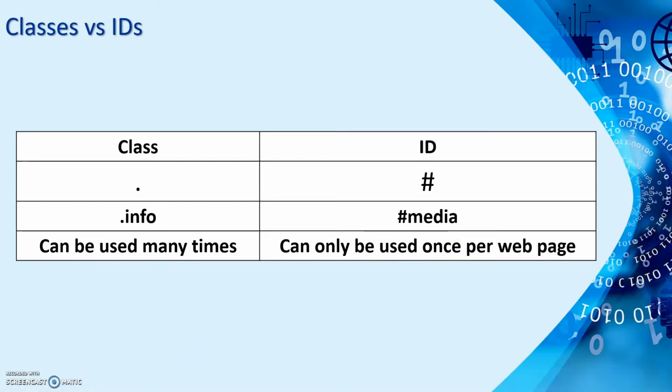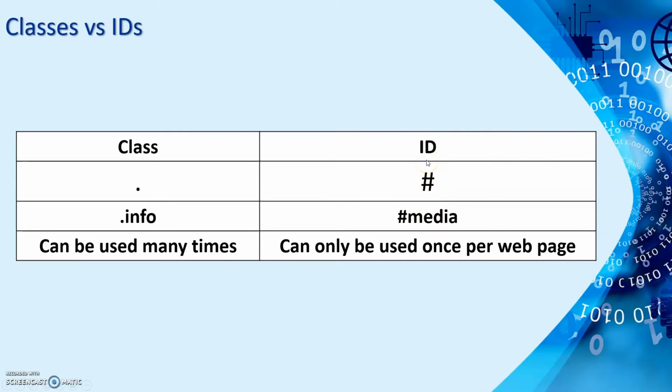So if you think about it, a class at school has got lots of people in it. So class you can use lots of times. Whereas your ID is unique to you. Your personal identity is unique to you. And the hash symbol in America means number. So if you think hash 1 would mean number 1. You're number 1.